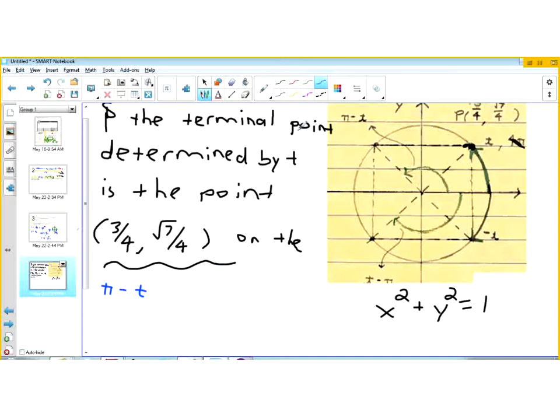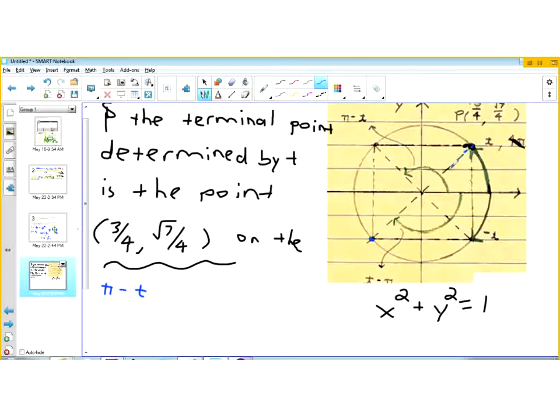The terminal number is pi minus t. Okay, so we start at t, and then we basically walk halfway around the unit circle, okay?